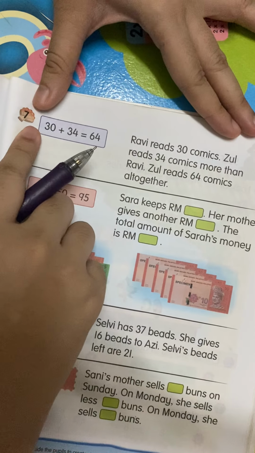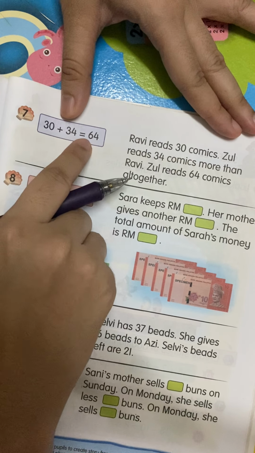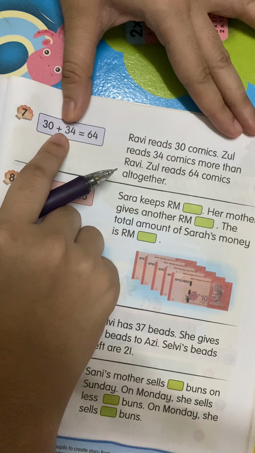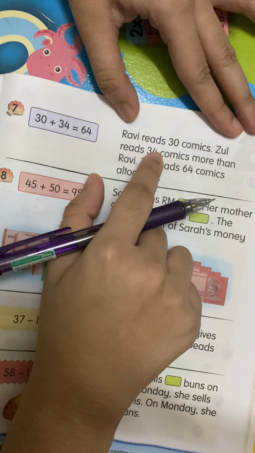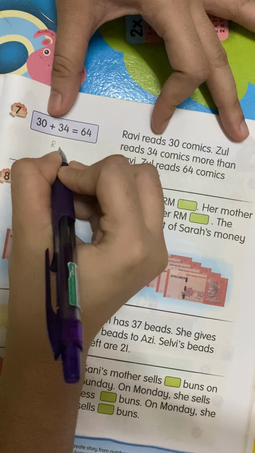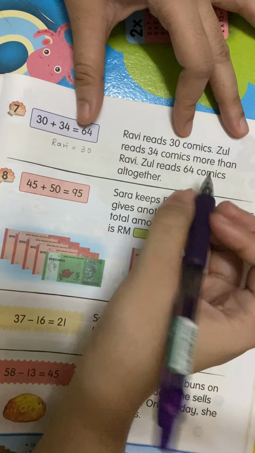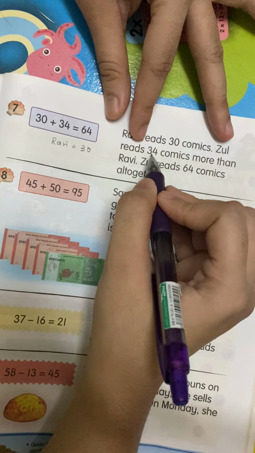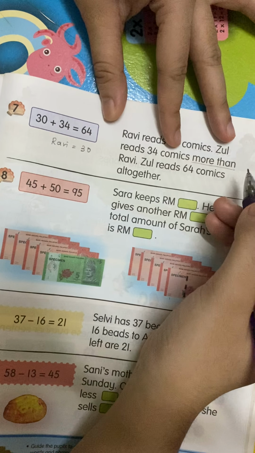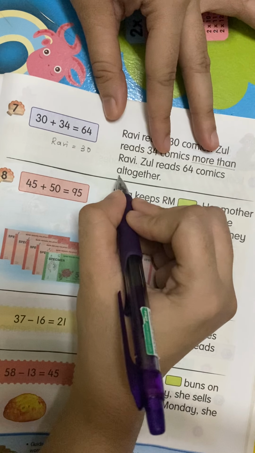Let's look at the first one, number 7. 30 plus 34 equals 64. How do we do this? The example: Ravi reads 30 comics. Zul reads 34 comics more than Ravi. Zul reads 64 comics altogether.